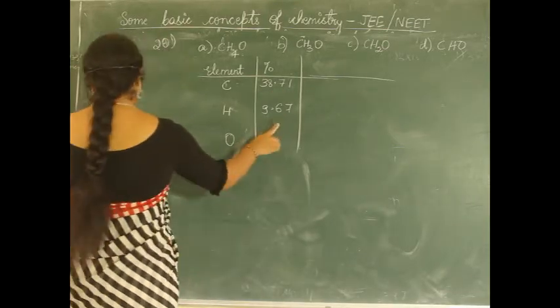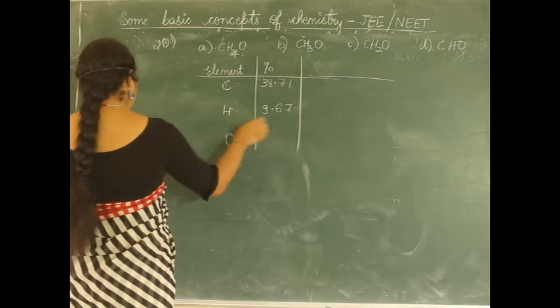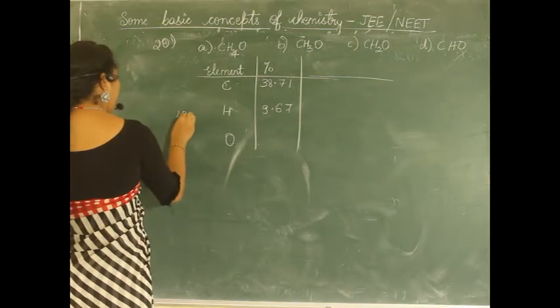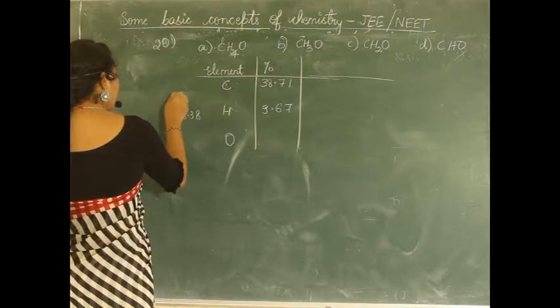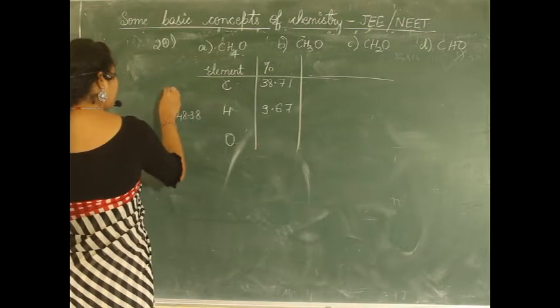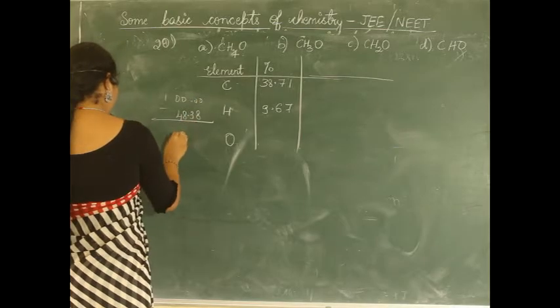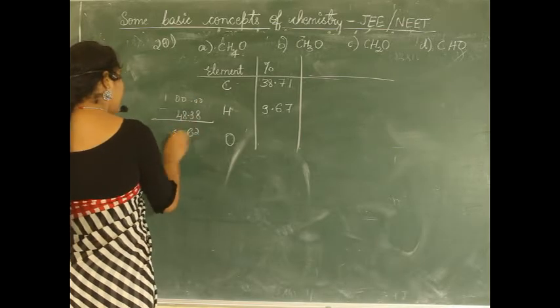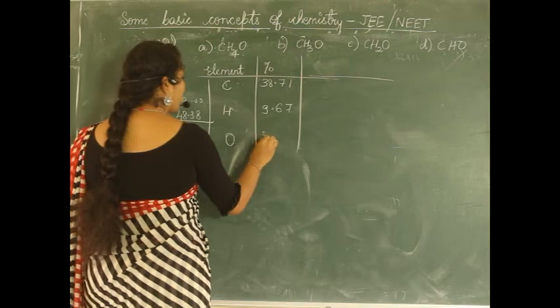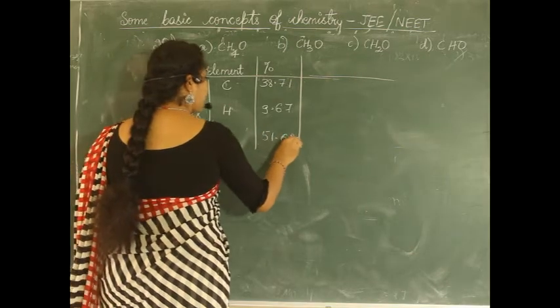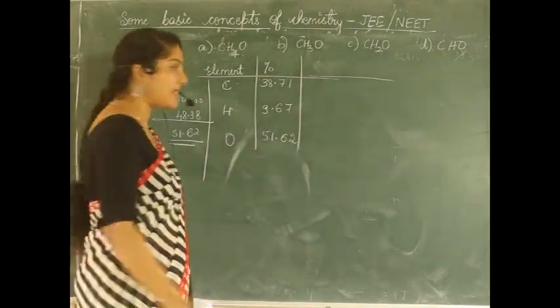So 38.71 plus 9.67 comes to be 48.38. So 100 minus 48.38, you'll get 51.62. Yes, so 51.62% of oxygen. Hope it's clear.